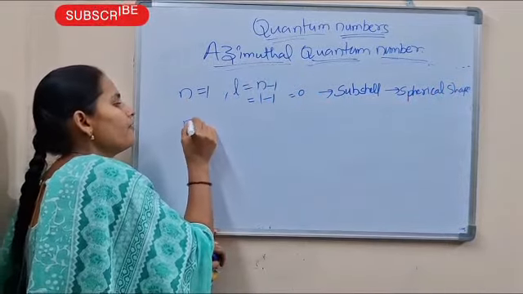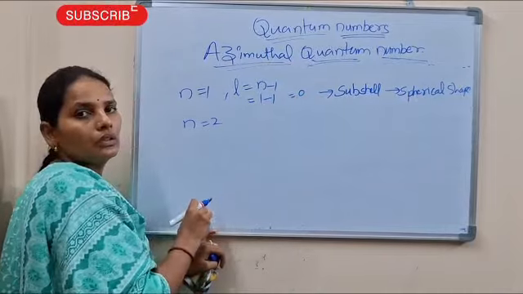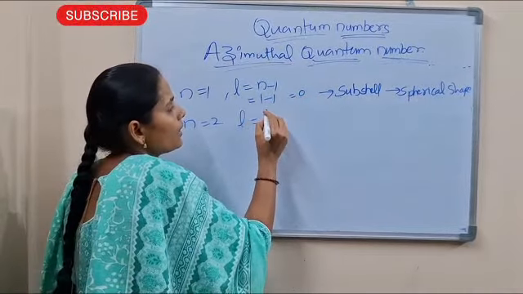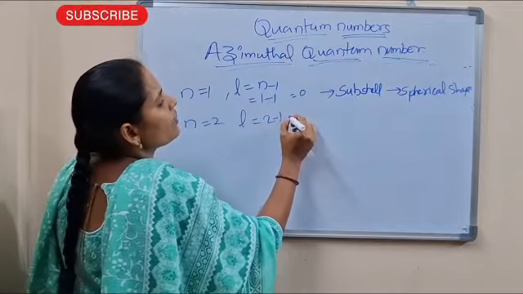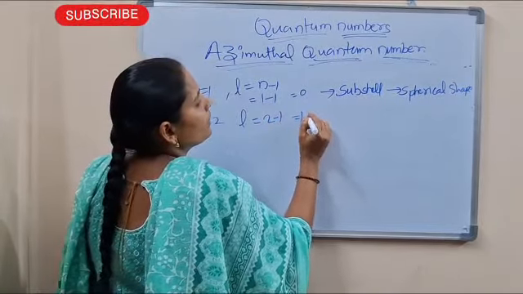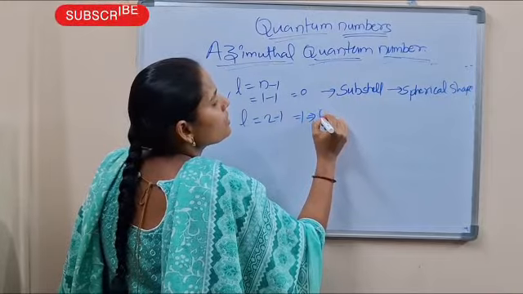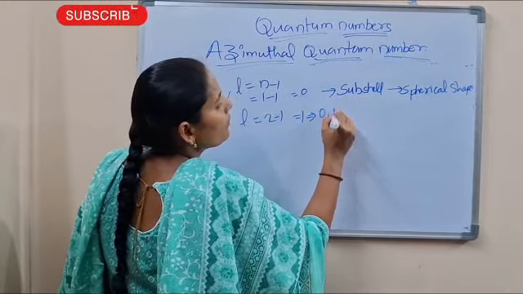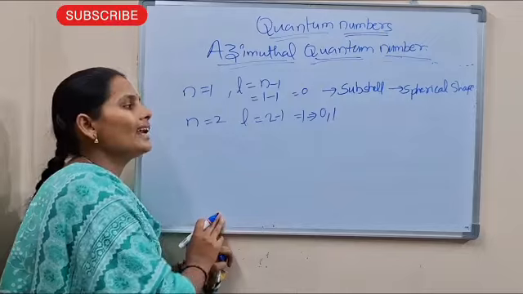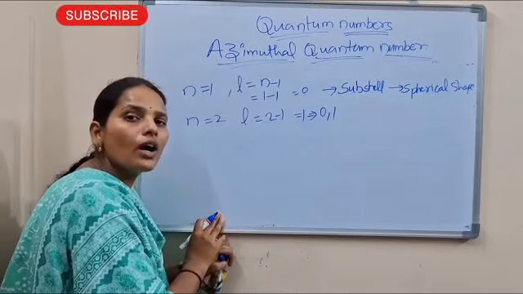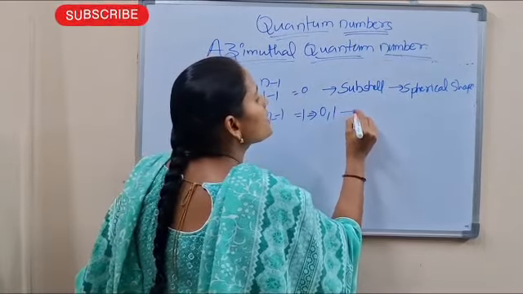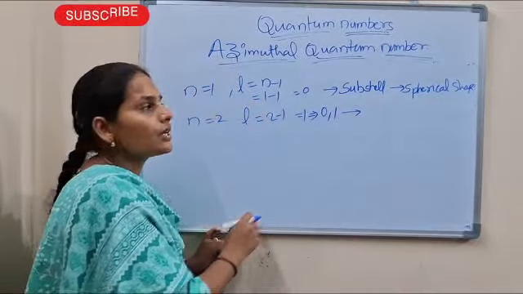Next, if n equal to 2, then L is 2 minus 1, that equals 1. L values are 0, 1. Then it is an S subshell and a P subshell.